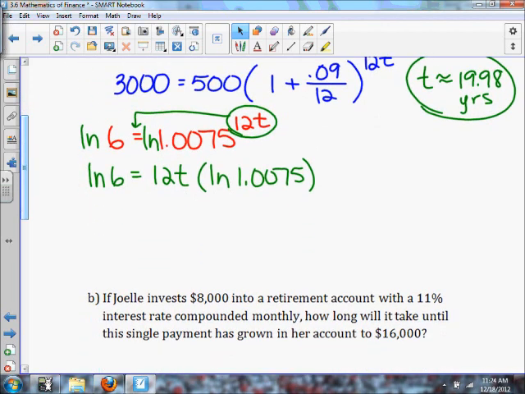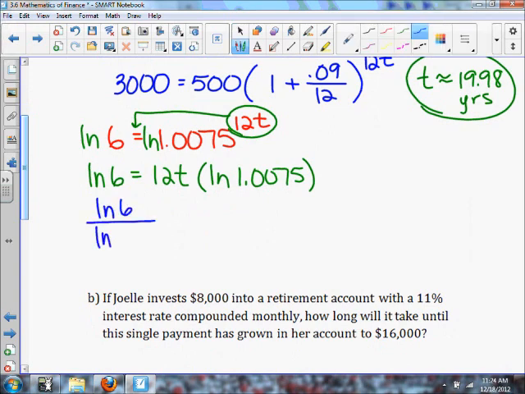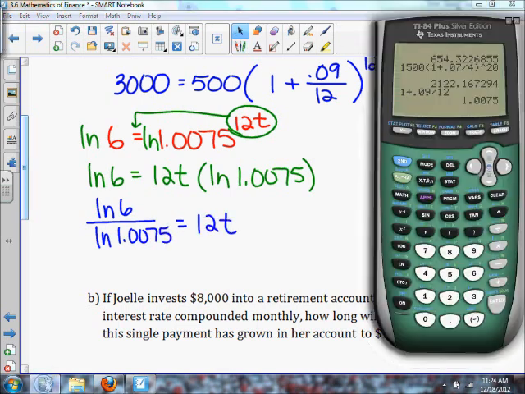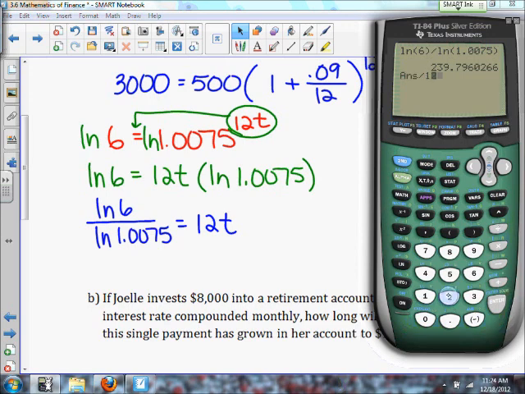Divide by the natural log there. So I'd find ln of 6 divided by ln of 1.0075. Divide that by 12, and you get your t of 19.98.